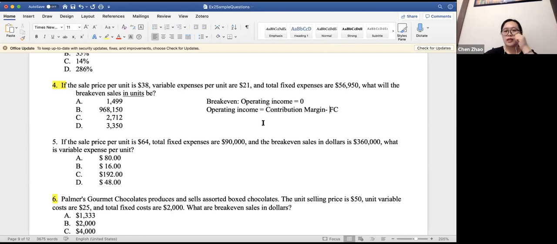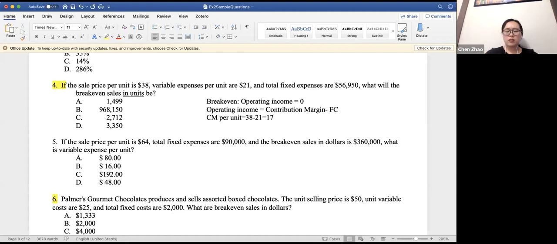So we want our contribution margin to be equal to fixed cost. And what is our contribution margin? We don't know our contribution margin, but we know contribution margin per unit. What is contribution margin per unit? It is sales per unit minus variable cost per unit, right? So that is 17.